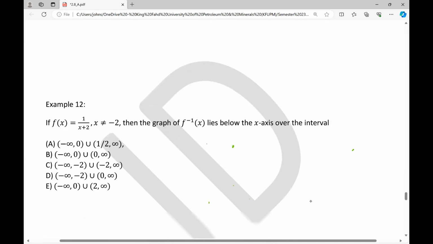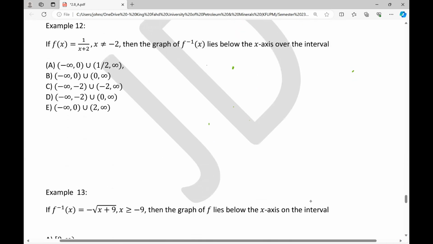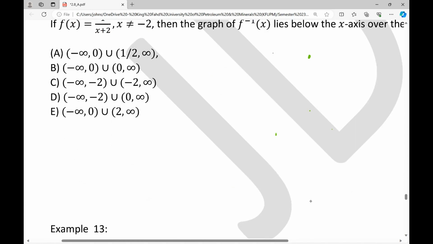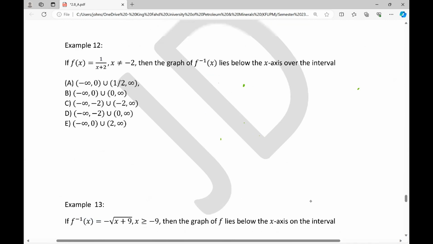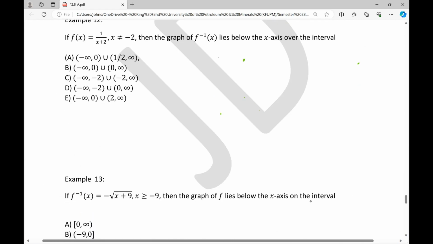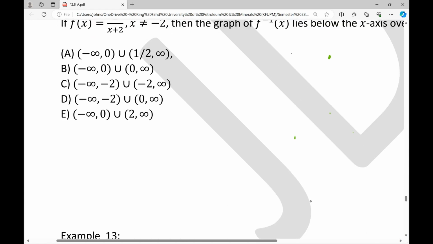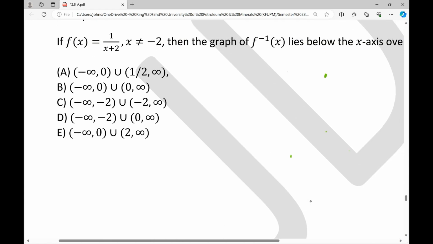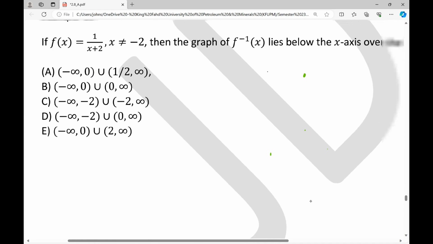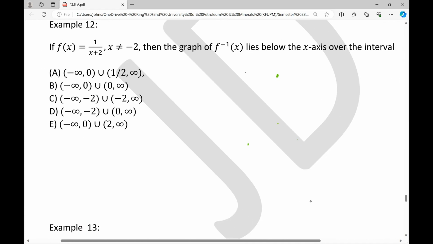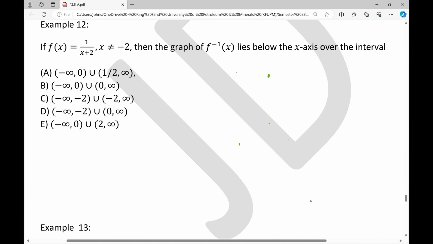So let's see another example here. This is example 12. This one is asking us to find the interval where the graph of F inverse lies below the x-axis.